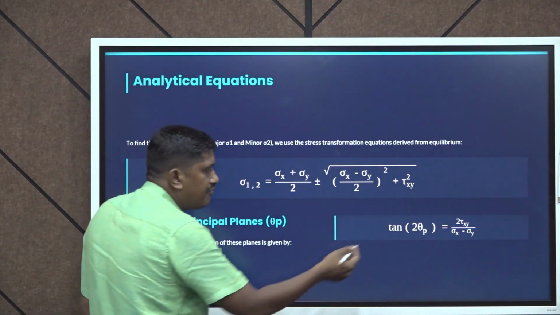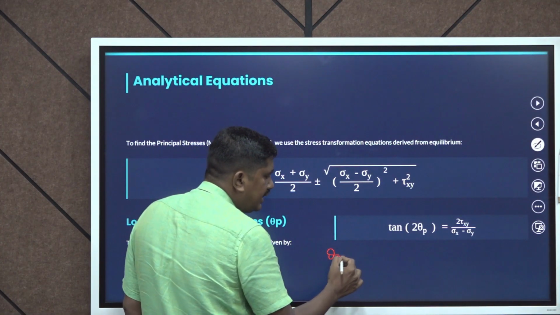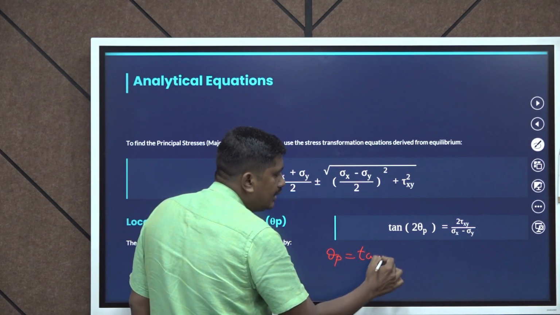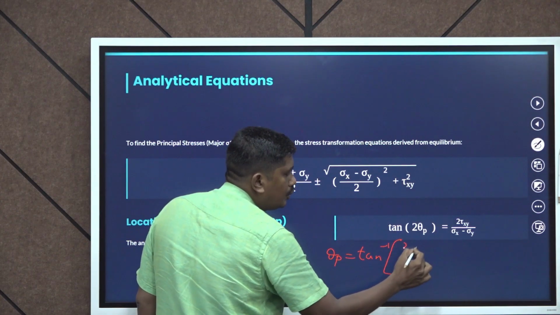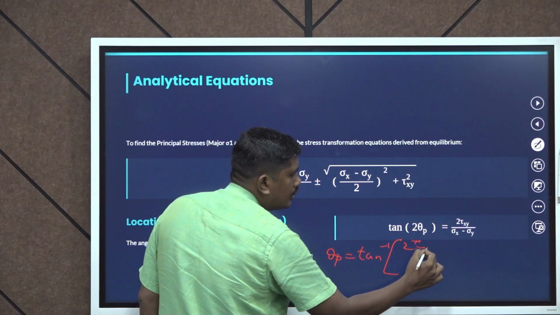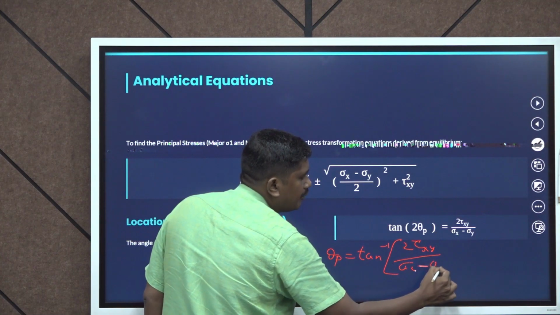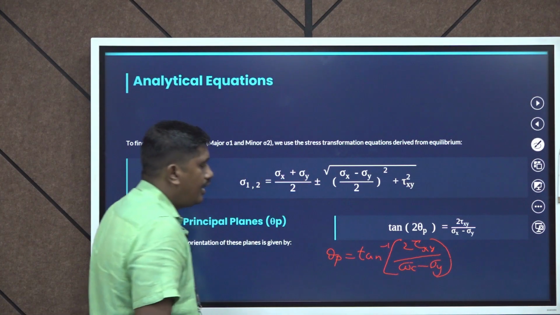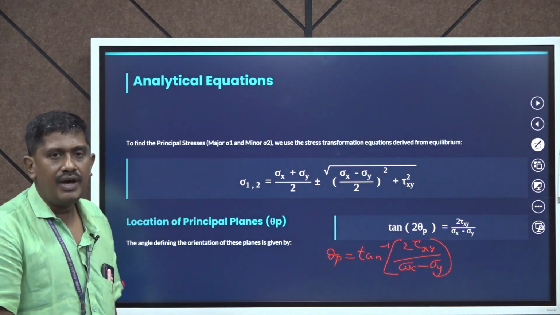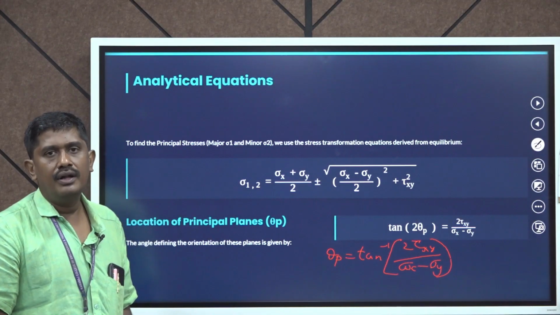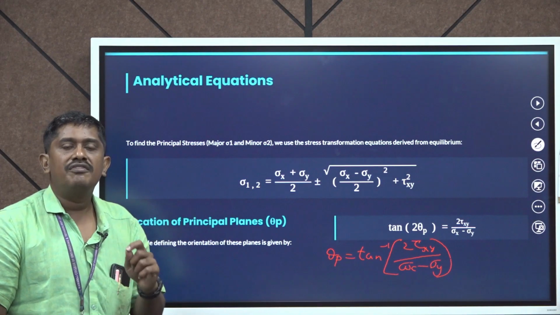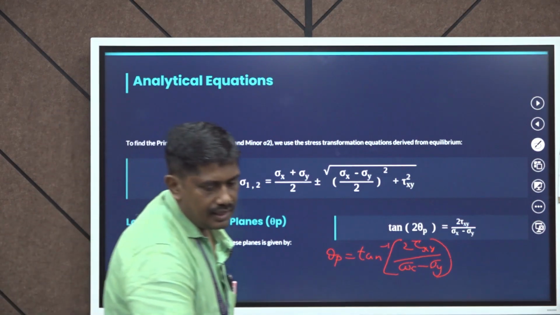From this we can easily find theta equals half tan inverse of 2 tau xy by sigma x minus sigma y. This theta is very important for finite element analysis.